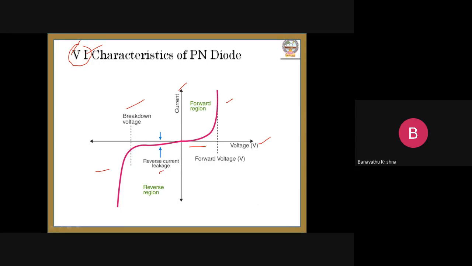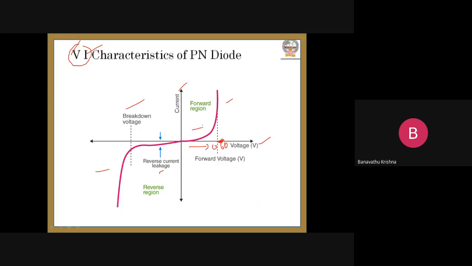By increasing the voltage from 0 onwards up to 0.6 volts, only if the input voltage we apply exceeds this level will the current increase.